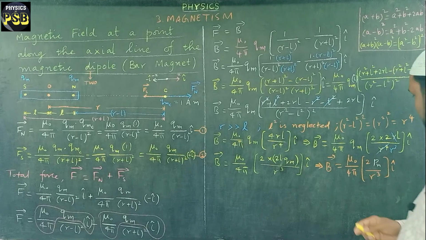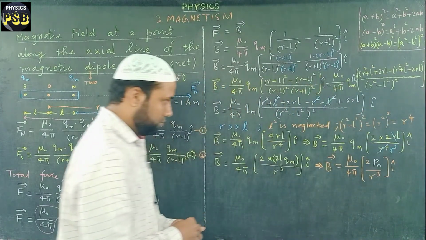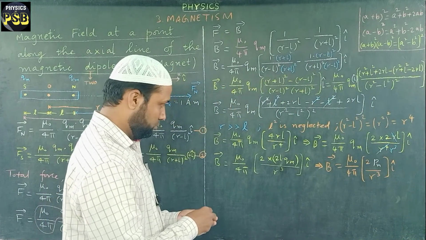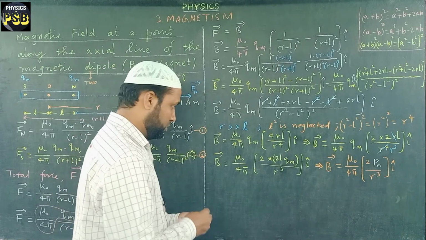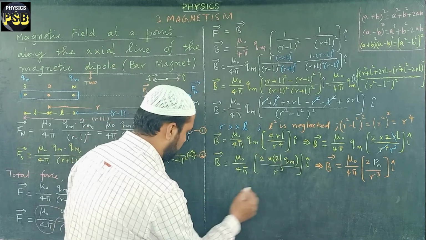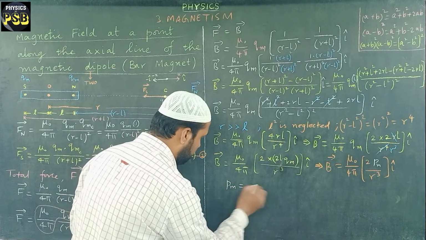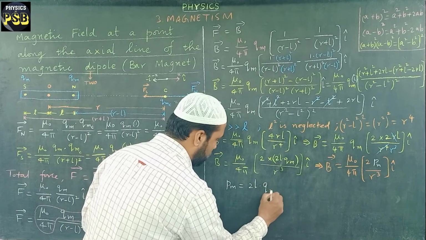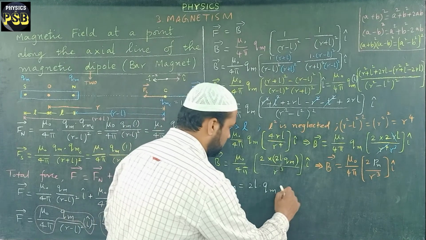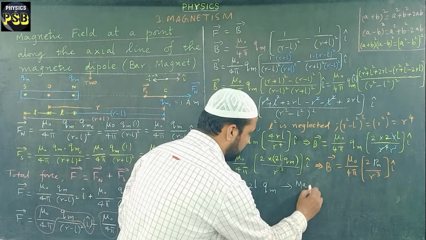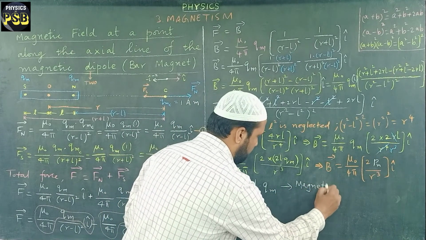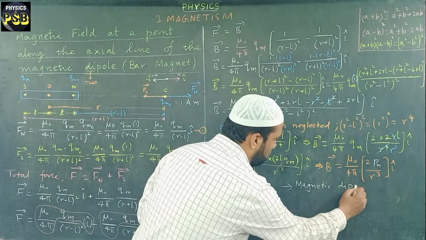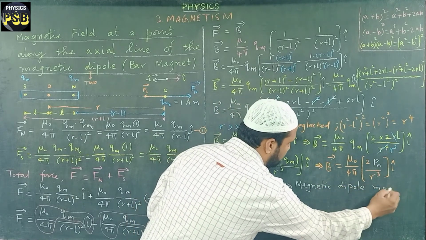What did I say? PM is nothing but 2l qm. This is known as the magnetic dipole moment.